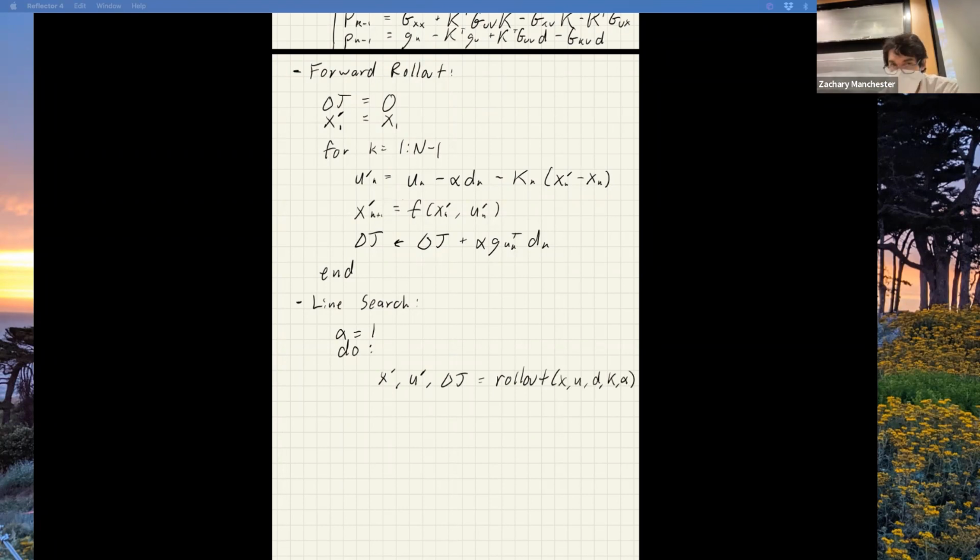Then we chop the step size down by some factor C, like before with Armijo.